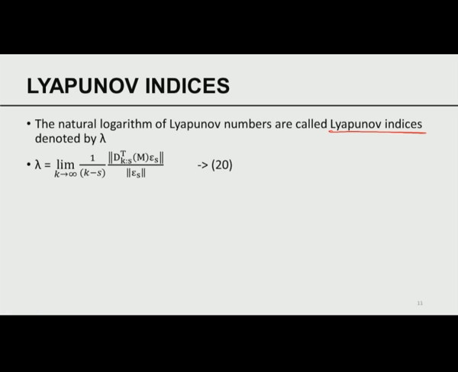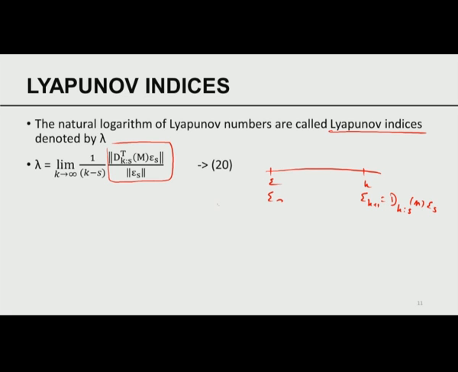Let us look at this ratio. What is this ratio? It is the norm of the error at time k plus 1 divided by the error at time s. So if I have time s, I have epsilon s, and I have epsilon k plus 1, which equals D_k,s of M applied to epsilon s.